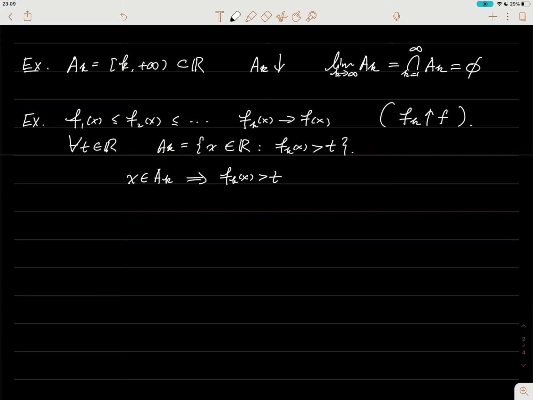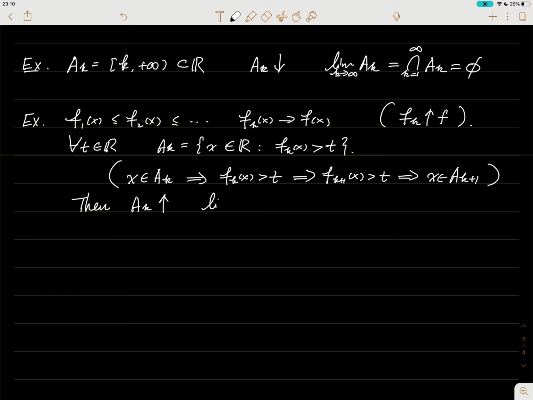And if f_k of x is bigger than t, then f_{k+1} of x will also be bigger than t, because the sequence f is non-decreasing. And this just means that x is also in A_{k+1}. This means that A_k is a subset of A_{k+1}, so A_k is actually non-decreasing.